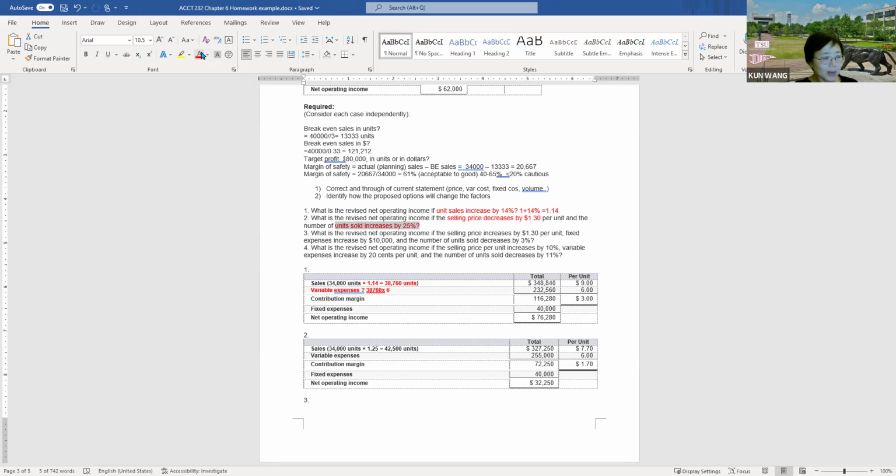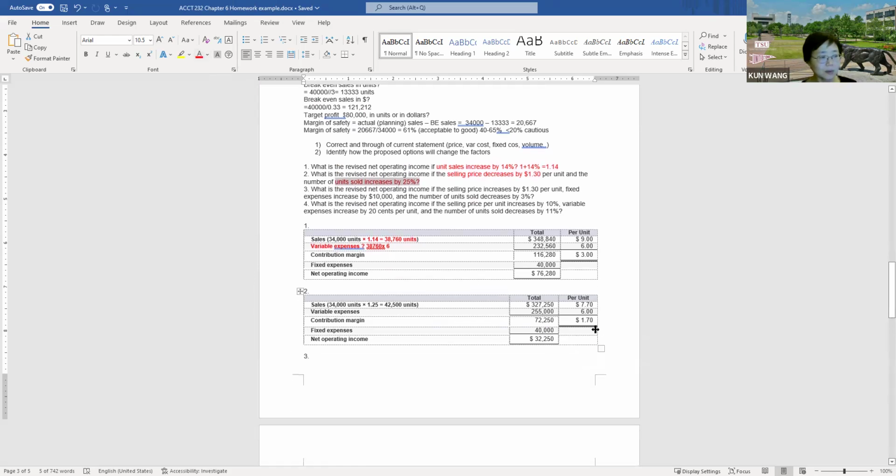Pricing changed, but the variable cost is still the same. So the contribution margin per unit got squeezed, smaller, right? You are sacrificing the contribution margin per unit so we can have a higher sales volume and eventually you are expecting higher income.